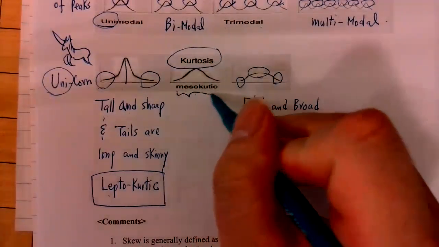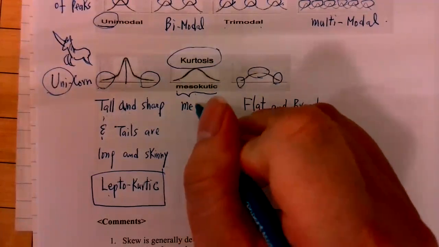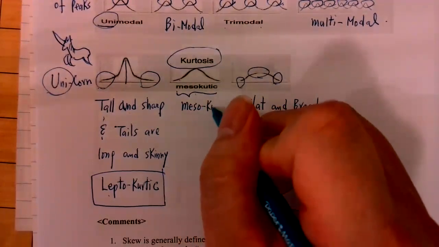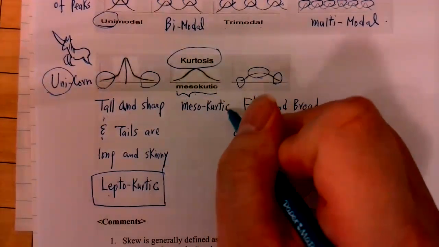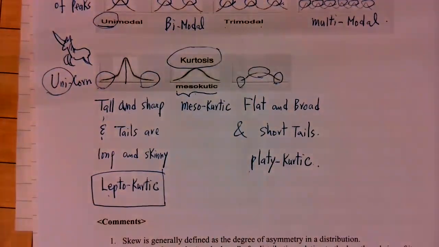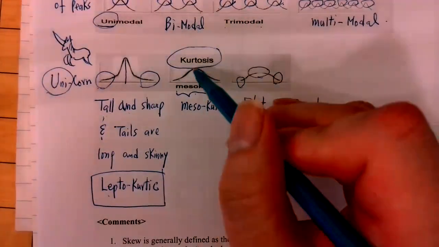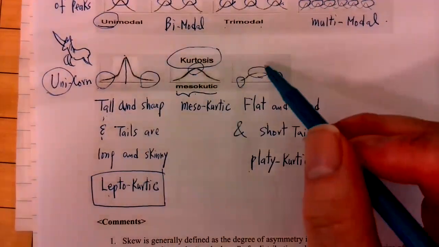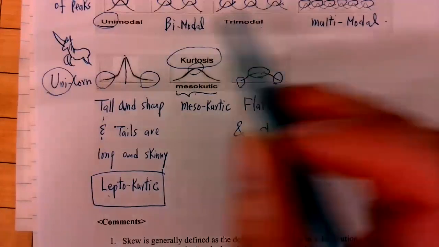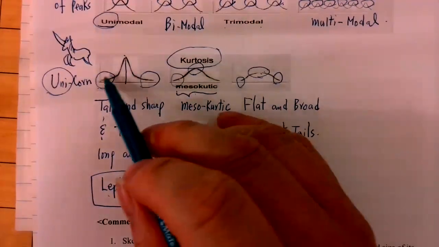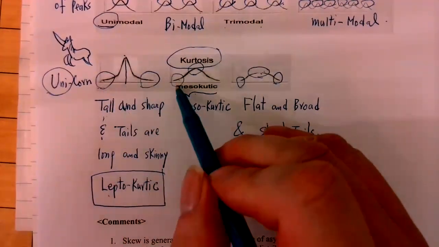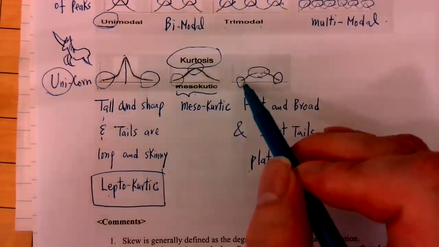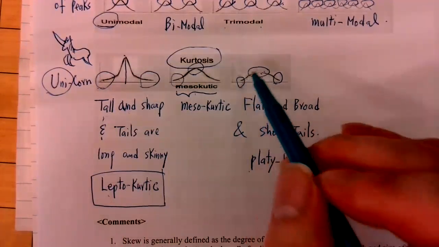I made a spelling error. Mesokurtic. The peak in the middle is not as tall and sharp as this one, but is taller and sharper than this one. And the tail is not as long and skinny as this one, but is longer and skinnier when you compare to this one, okay?